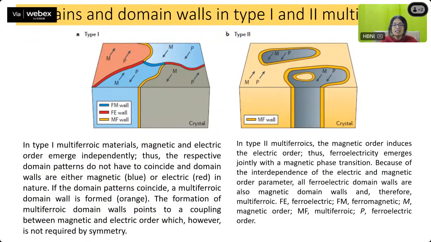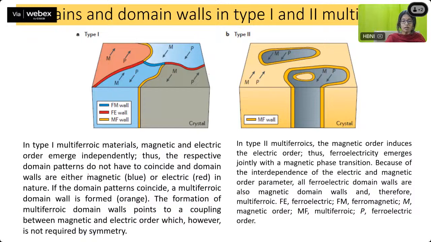So what are the domains and the domain wall in type 1 and type 2 multiferroics? So in type 1, it looks somewhat like this on the left hand side. As you can see, you will have something which is a perfectly ferromagnetic wall, then you will have something which is a perfectly ferroelectric wall, and then you will have some regions where you have a multiferroic wall. So in type 1 multiferroic material, magnetic and electric order emerge independently.